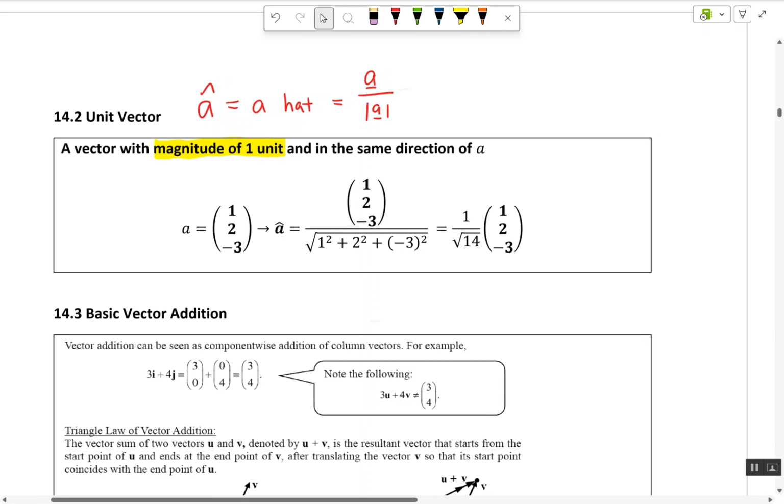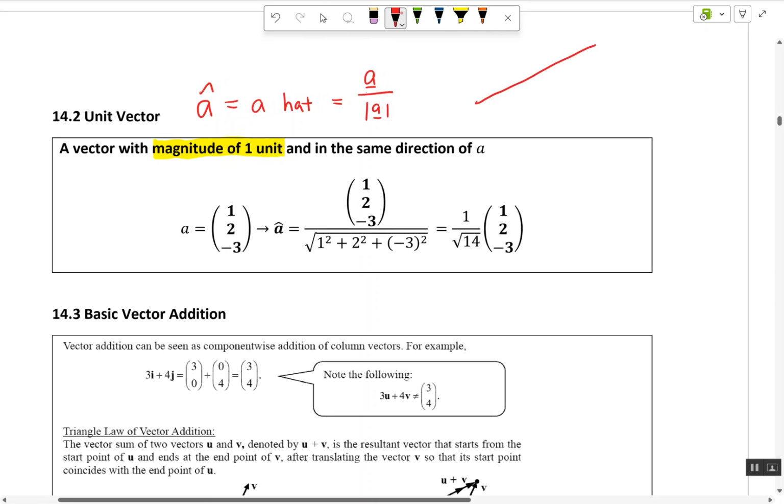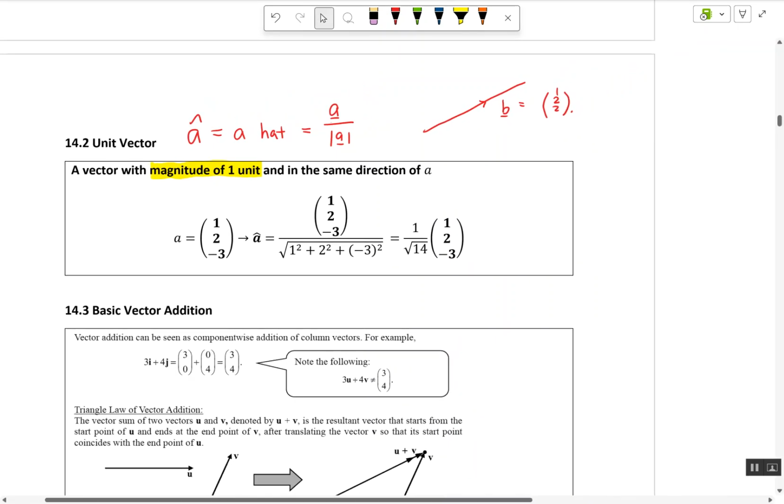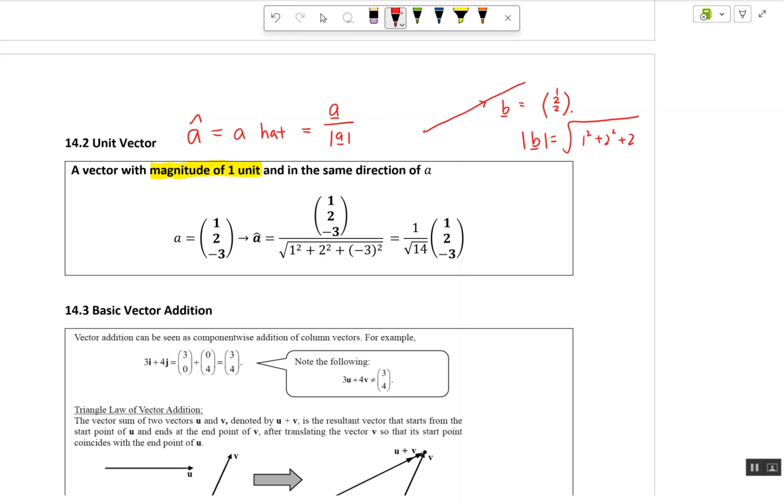Why is this so? For example, let's say you have this vector B, and I tell you that it is (1, 2, 2). With that, I know that the magnitude of B is equal to the square root of 1 squared plus 2 squared plus 2 squared, which is 3. So the length of B is 3, which means I can split this into 3 parts: 1 unit, 1 unit, 1 unit, because the length is 3 units.